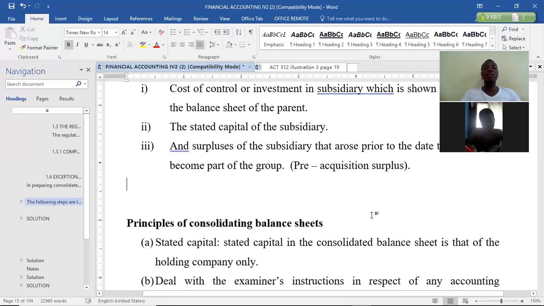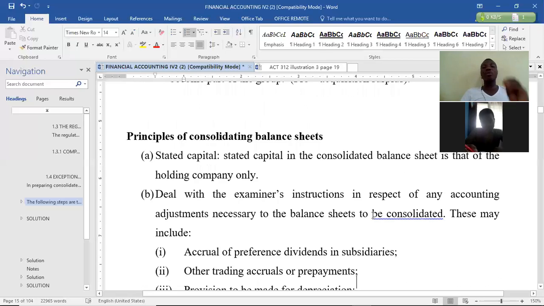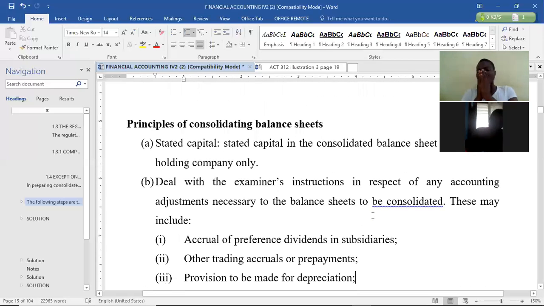From there, we look at the principles of consolidating the balance sheet. When we talk about principles of consolidating the balance sheet, what are the steps, or the procedures, or the guiding techniques, or the guiding principles?